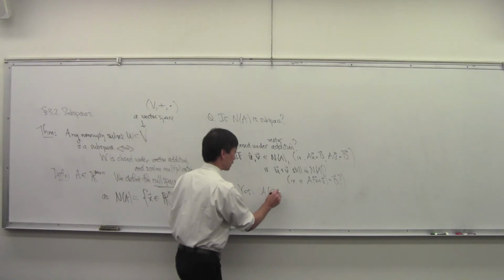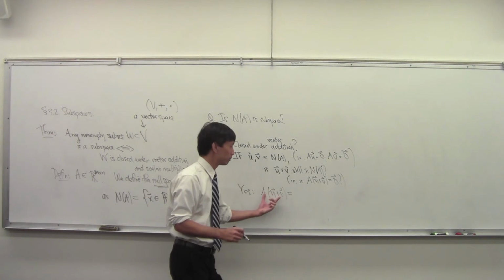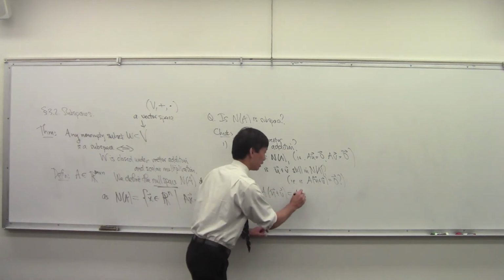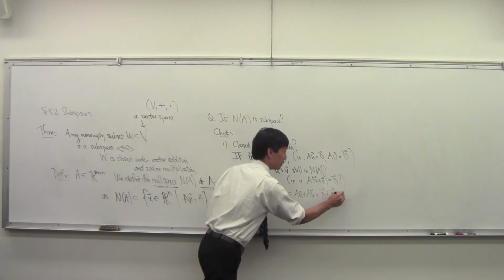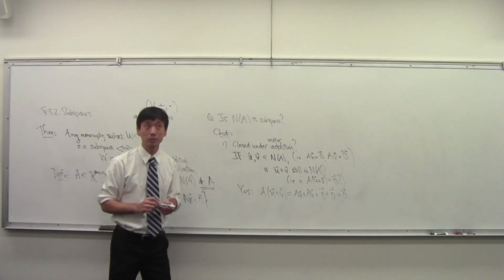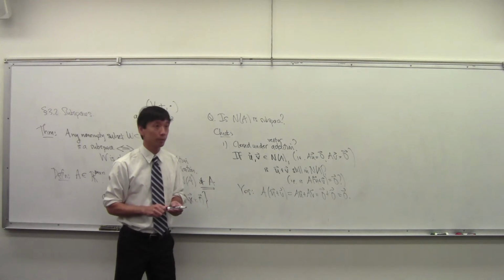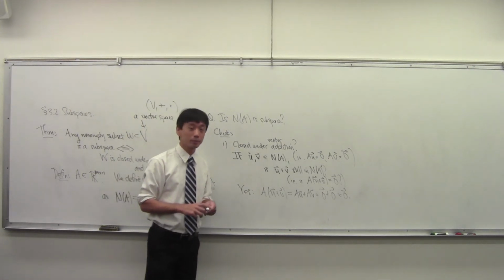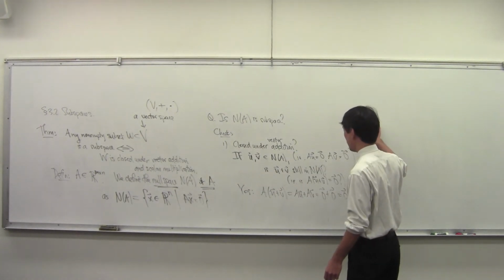A(U plus V) equals AU plus AV, by distributivity. And so you get 0 plus 0, which is just 0.